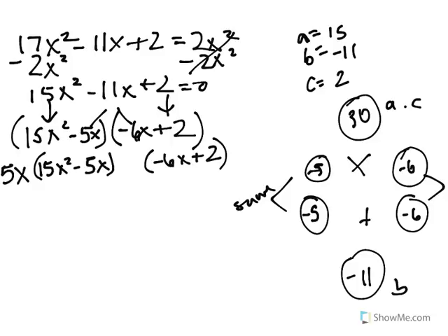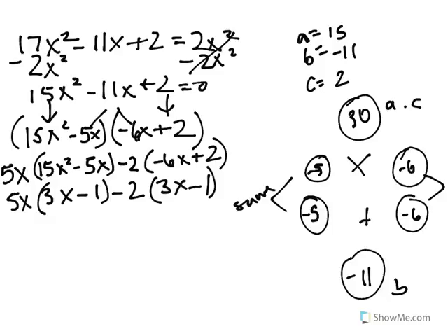Once we simplify this, that is going to be a 3x minus 1. Great. So we need to factor something out so that negative 6x plus 2 equals 3x minus 1. So let us factor out a negative 2, and that will leave us with negative 2 times 3x minus 1.